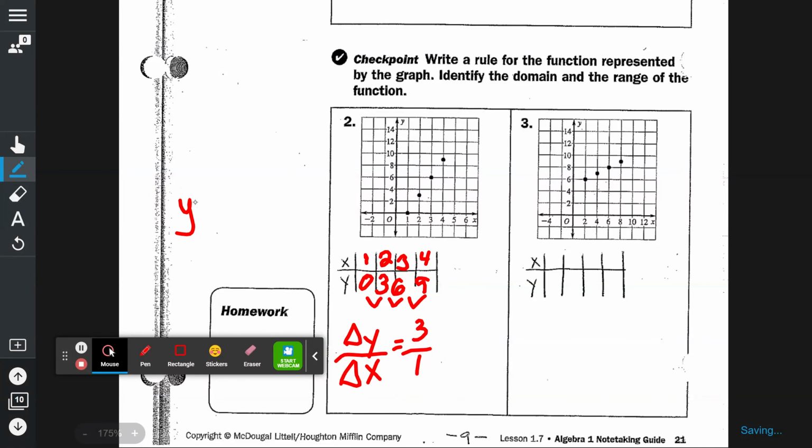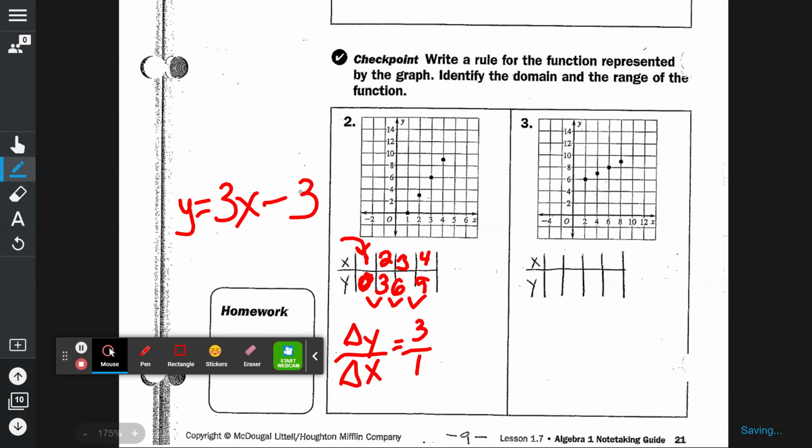So my multiplier is 3x. So now I know I might have to add or subtract. So if I do 3 times 1, I get 3. What do I have to do to turn that 3 into a 0? Well, I have to subtract 3.